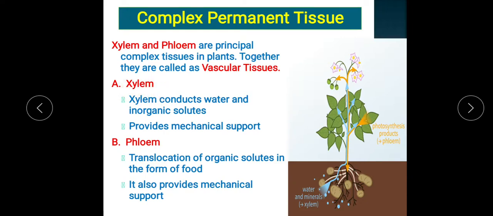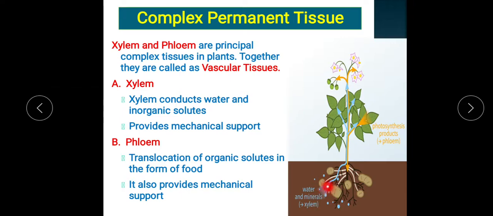Xylem is a complex permanent tissue which conducts water and inorganic solutes in plants. In this diagram, you can see the water and the minerals or inorganic solutes present in the soil.